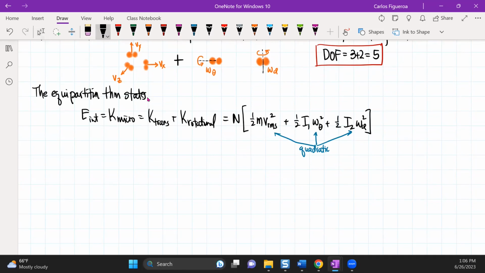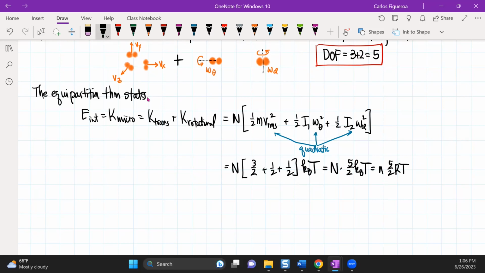So now if I look at this thing, this is then going to be n, and then it's going to be, so translational is 3/2. Then each of these gets 1/2 kBT, or I could write this as n 5/2 kBT, or I can write this as n 5/2 RT.